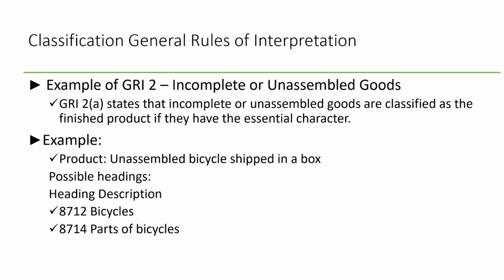So if you were shipping goods outside of whatever your customs jurisdiction is, that would be to a third country. If the kit was unassembled and being sent to a third country to be assembled, then providing all the components that make up the finished kit are in the kit, you would use the commodity code for the completed kit.